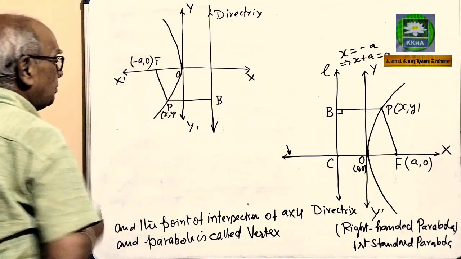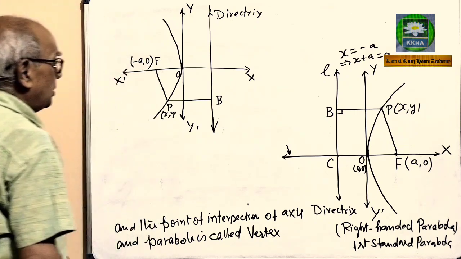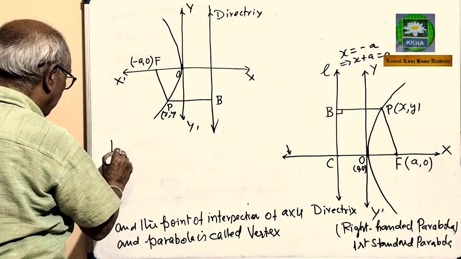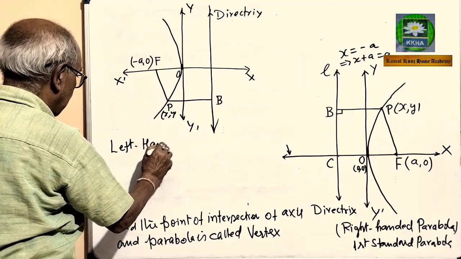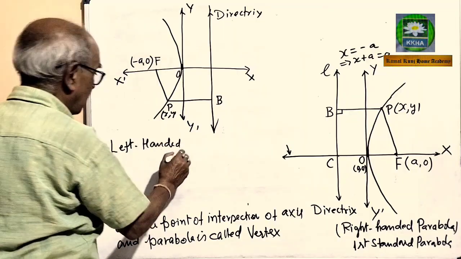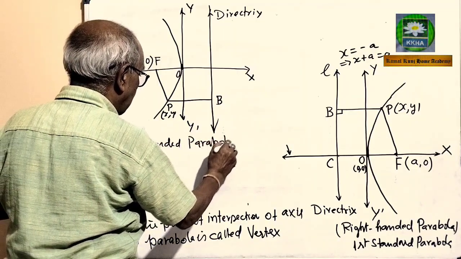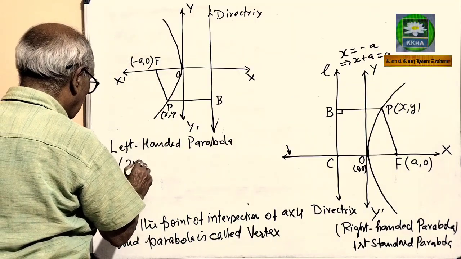This left-hand side will be negative. So this will be the focus of the left-handed parabola. So this is the left-handed parabola, or we call second standard parabola.